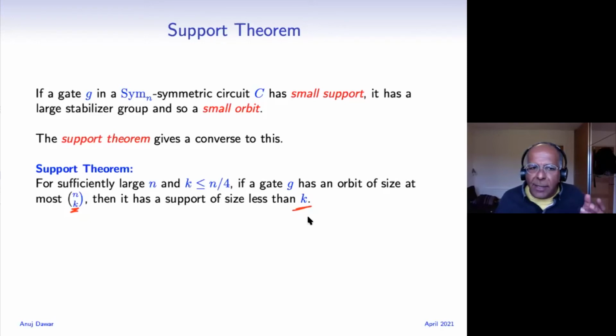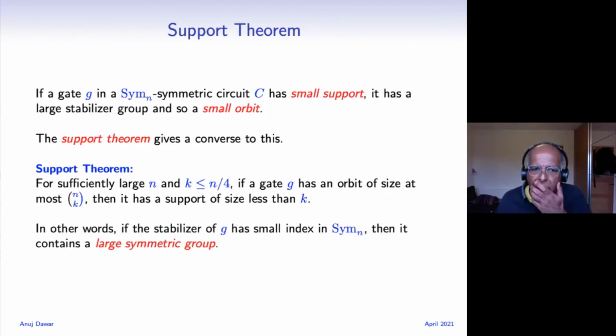Which means in some sense, the only way you can have small orbits is if G is really determined by a small number of elements, and permuting everything outside will leave G fixed. Okay, so basically if the stabilizer of G has small index in Sym n, then it contains a large symmetric group, right? This is specifically for Sym n symmetric, I should say.